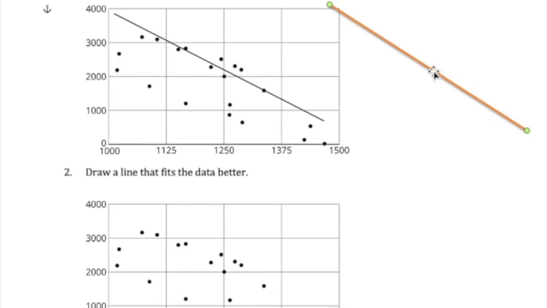Okay, so if I'm thinking about the logic I used before, this line has 1, 2, 3, 4. It has a lot of points that are really close to the line. But there's a major problem here. I only see 4 points above this line.